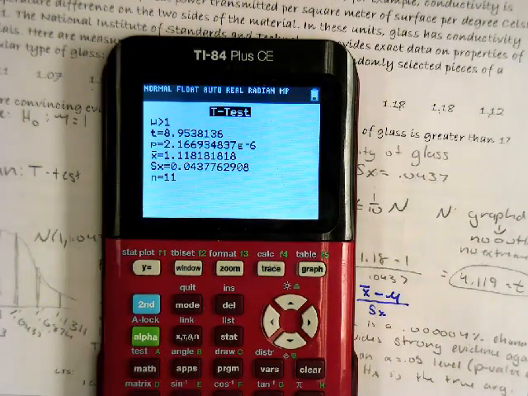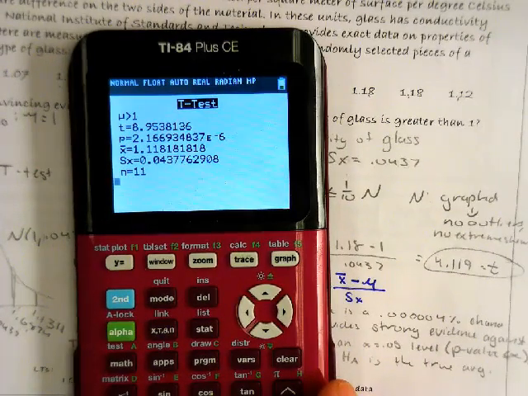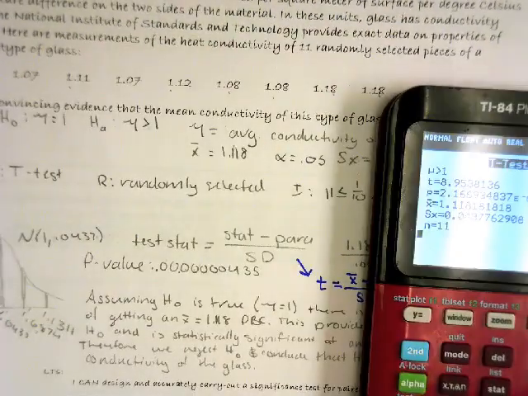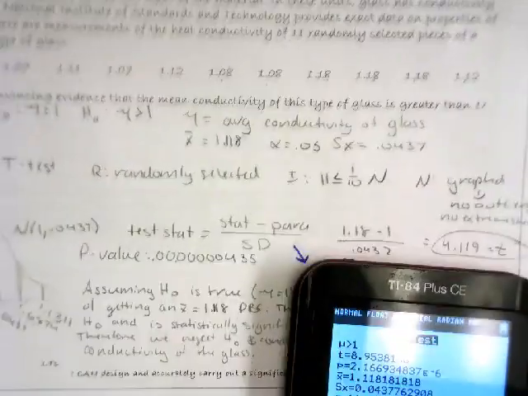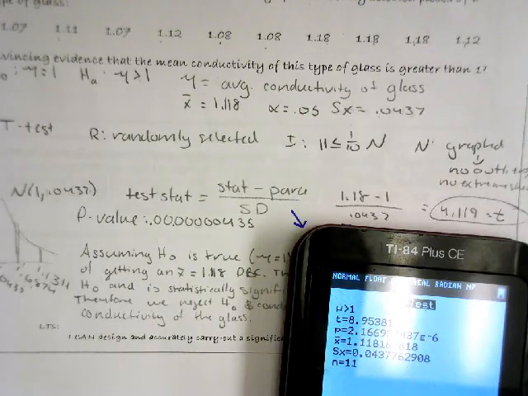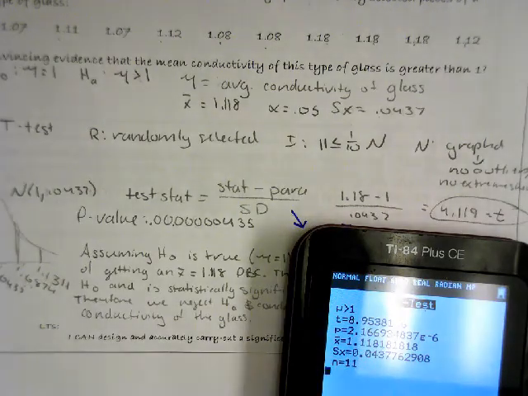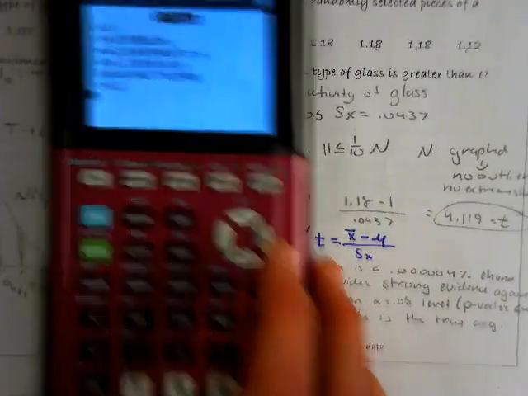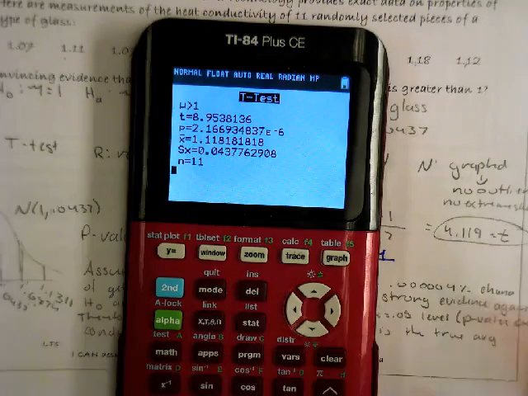So she got a slightly different p-value than me. Why did she get a different p-value? Rounding. The calculator actually used all the data versus not using data, using rounded statistics.